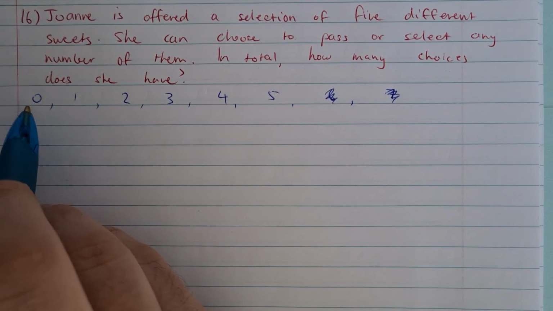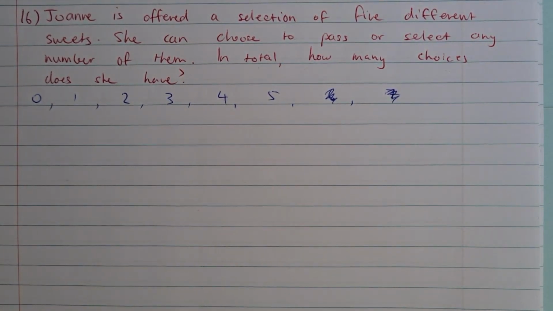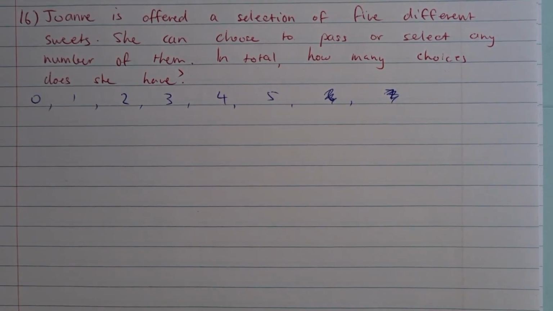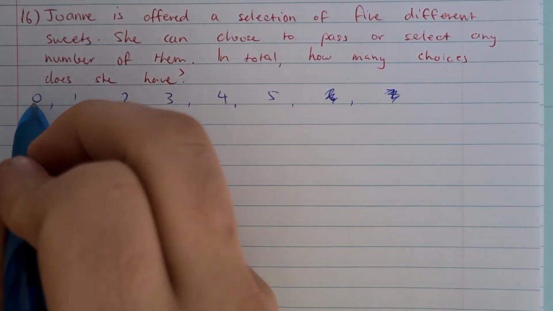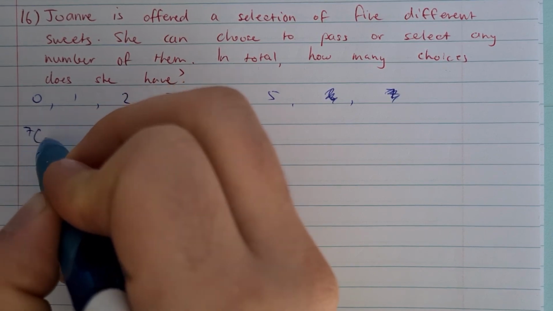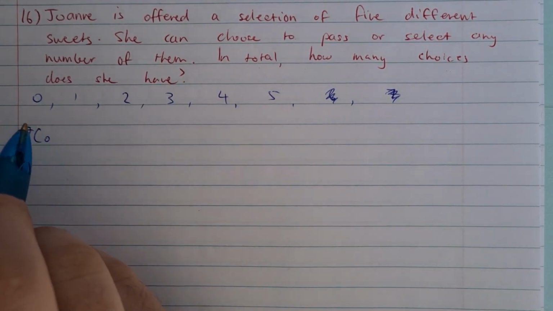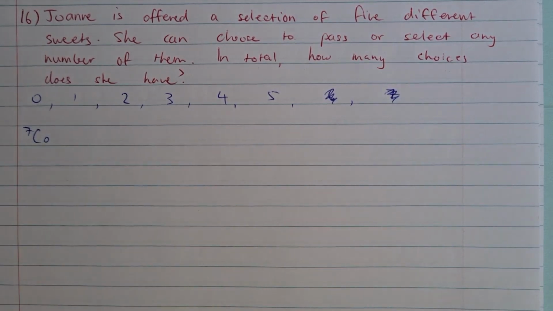She could choose 0, 1, 2, 3, 4, or 5 different sweets. So let's see how many combinations are available when she's choosing 0 sweets. She's choosing none, so the number of combinations where she chooses 0 is going to be 5C0.